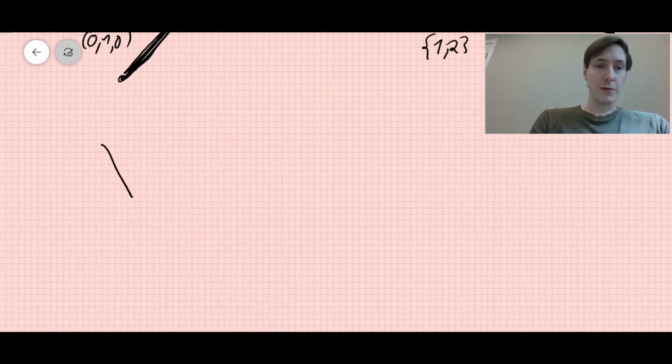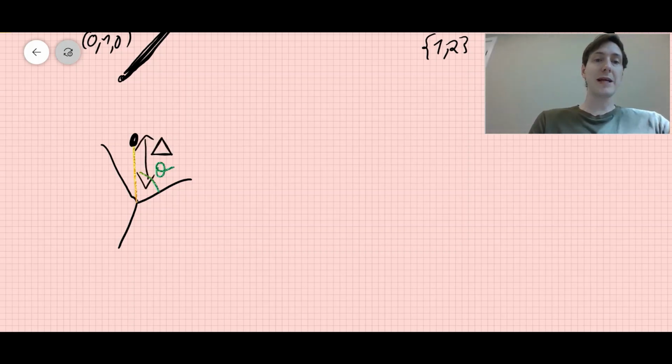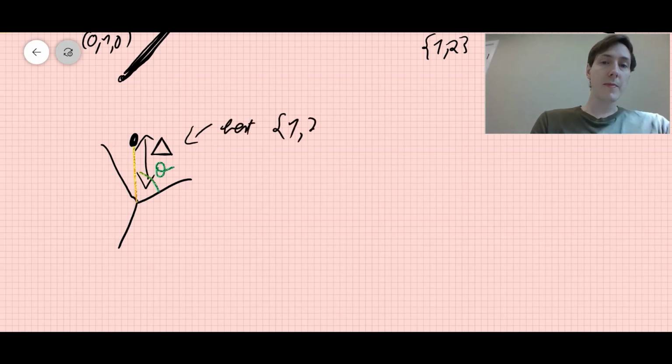So let me do a smaller version of this. Okay, and we have this random interface, theta. Okay, and let's say the truth is here. And let's denote this distance by delta. And over here, best was 1, 3.